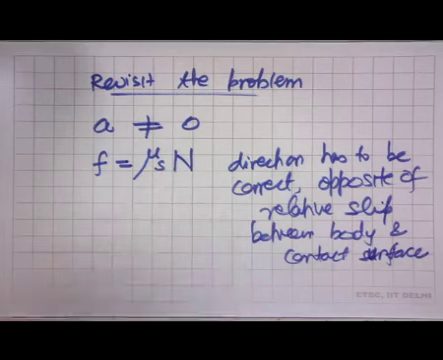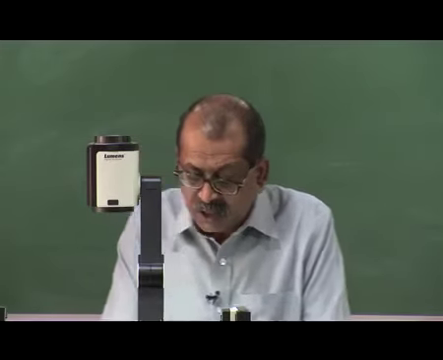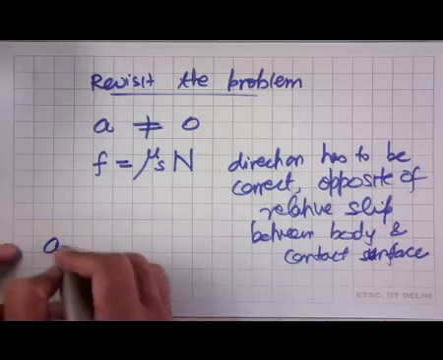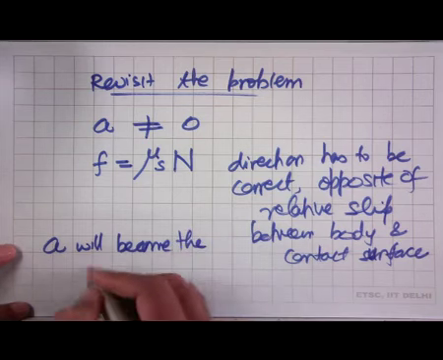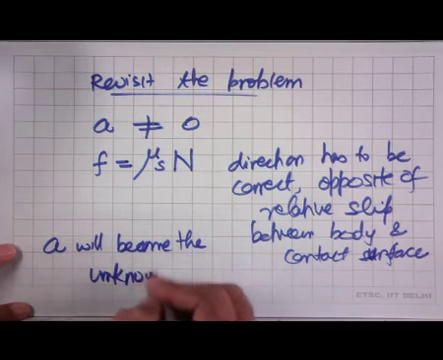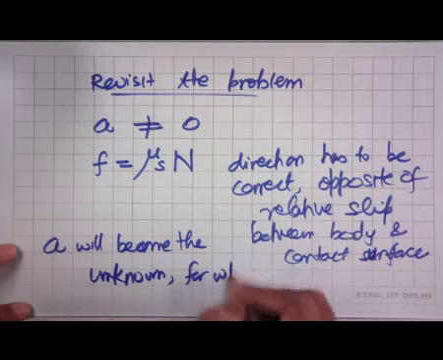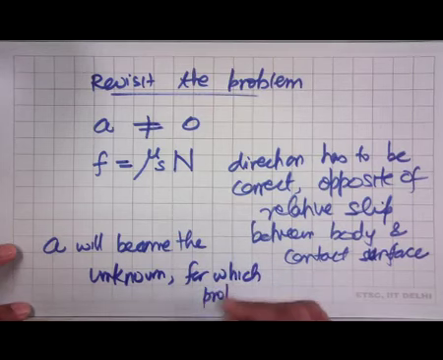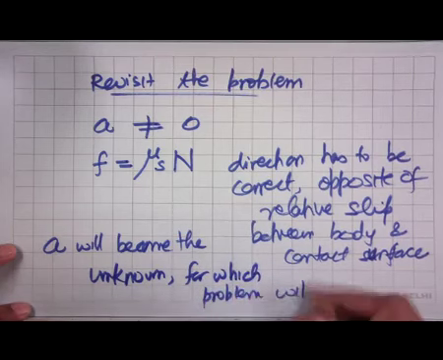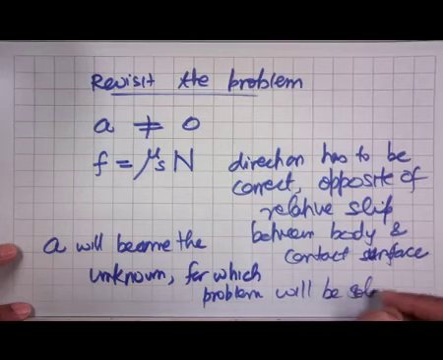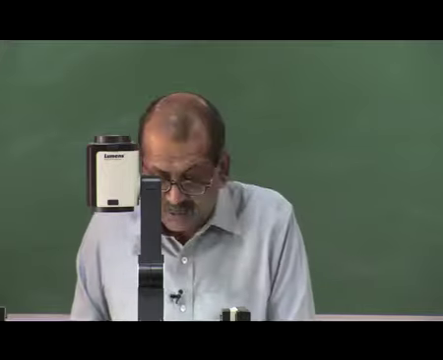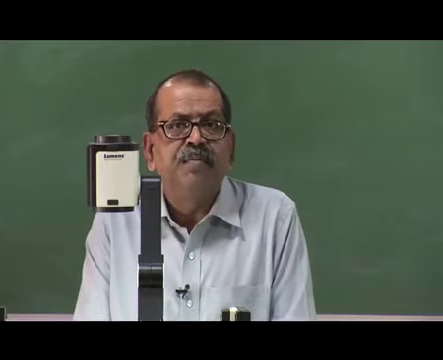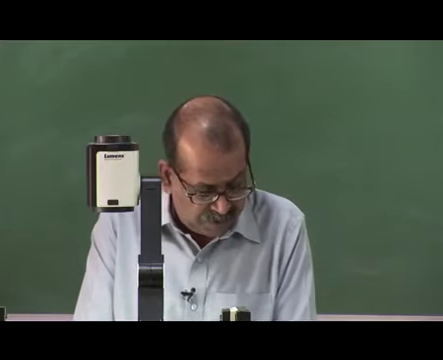So, the direction of the friction force has to be opposite and we put f is equal to mu s n. So, now acceleration will become the unknown for which the problem will be solved.